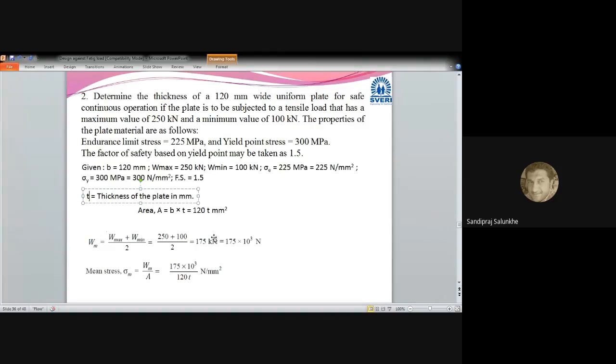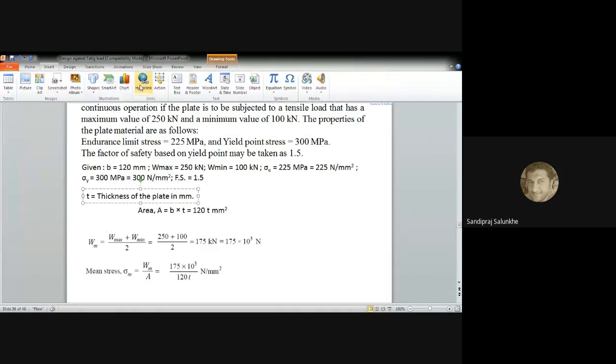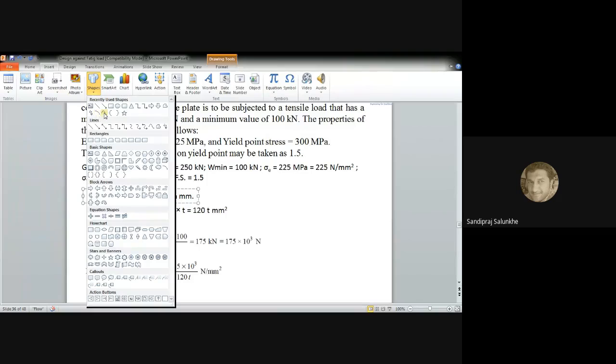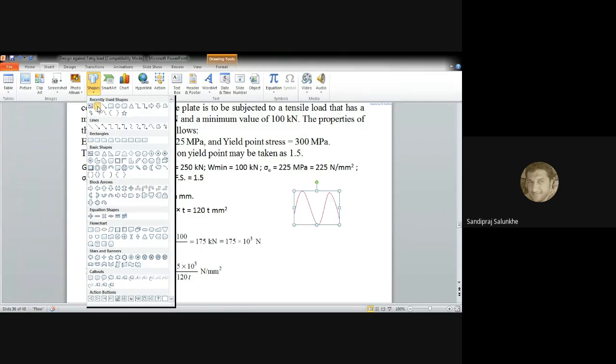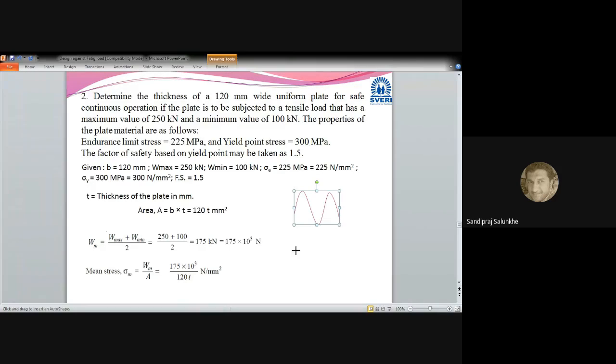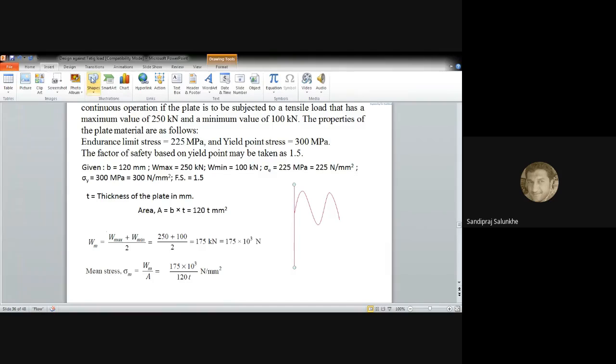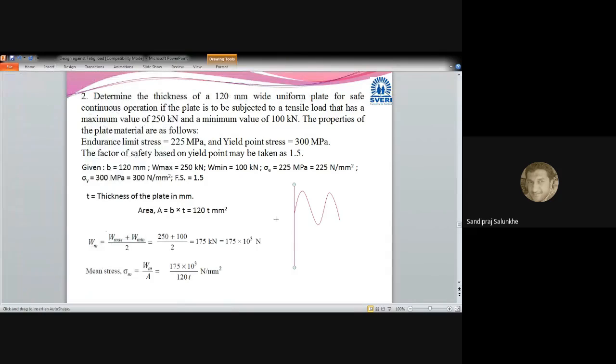Now, as the load is fluctuating type, if you want to draw the diagram for the load, the load is of this type, which is not going to become zero anywhere, because it will always remain on one side, the tensile side, and will not reach zero.